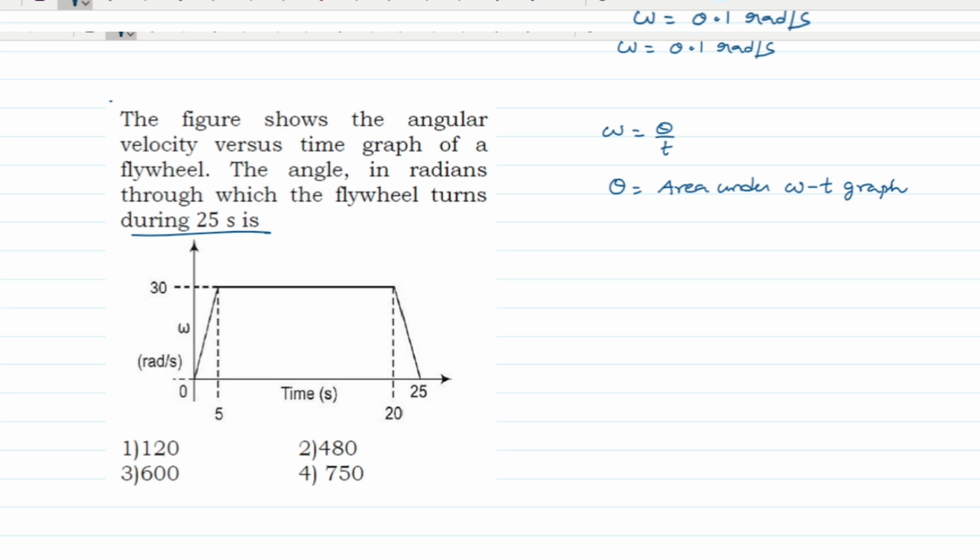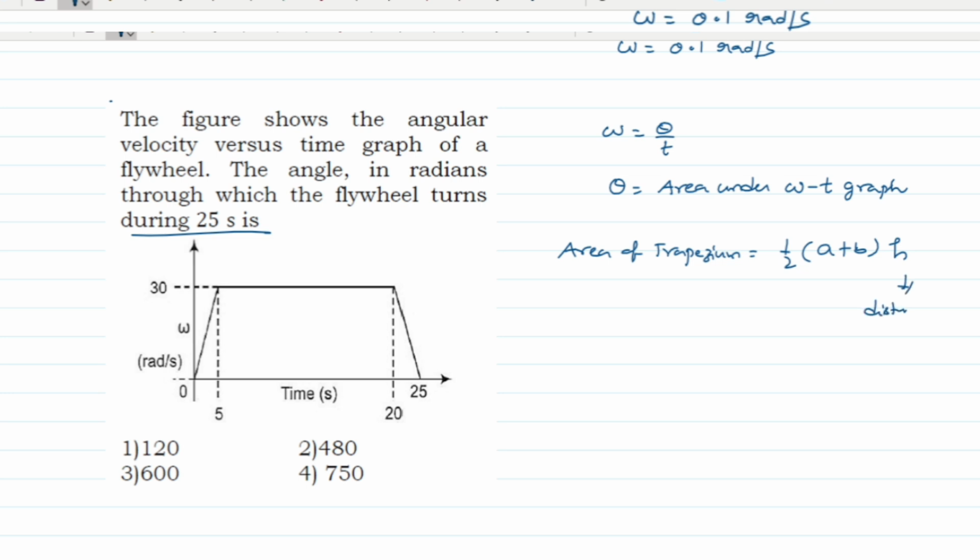Here it's a trapezium. The area of a trapezium will be half into the sum of the parallel sides, a plus b, into h. Here h is nothing but the distance between them.